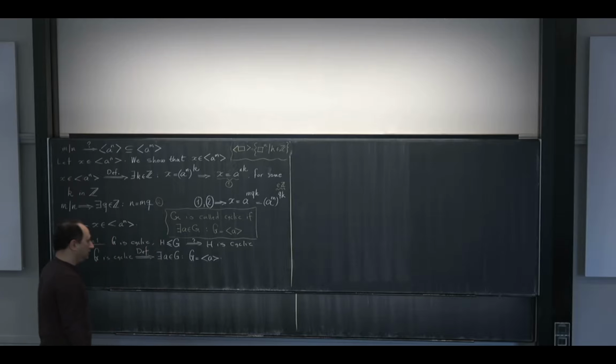I did nothing, I just wrote the definition. Okay? But if you want to succeed in proving this theorem, the only thing you have, because you see this is very abstract, nothing is there. So when it is cyclic, I bring a in so that it generates G. So somehow, if I want to prove that H is cyclic, I have to find a generator for H.